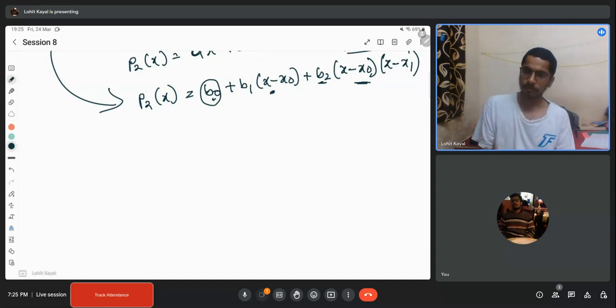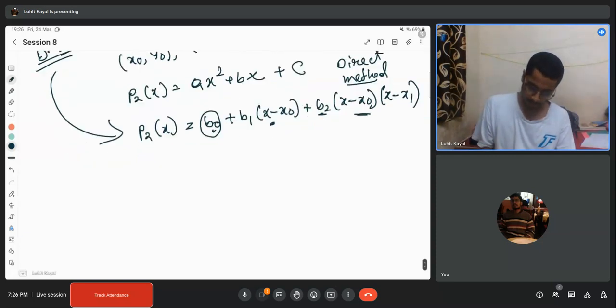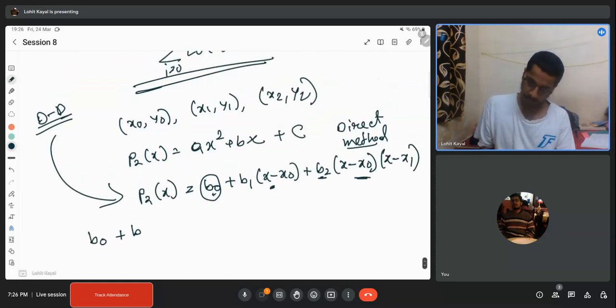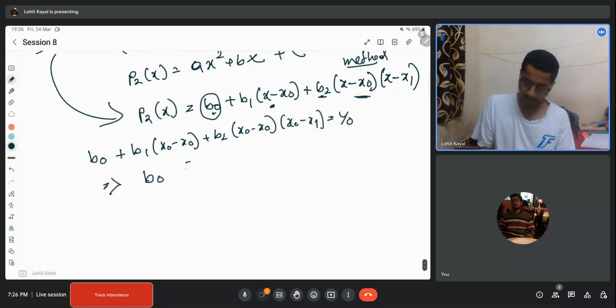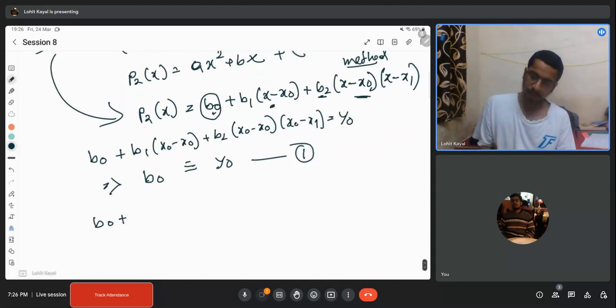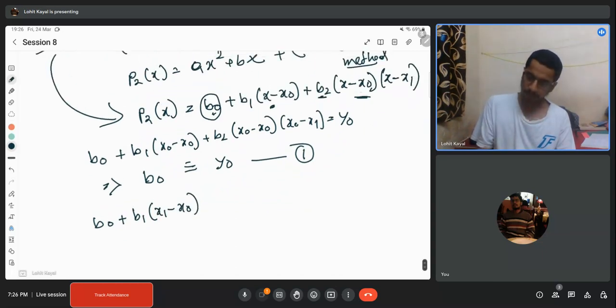So let's write the function for x0, x1, and x2. In case of x equal to x naught, b naught plus b1 (x naught minus x naught) plus b2 (x naught minus x naught)(x naught minus x1) is equal to y naught. This implies b naught equal to y naught. This is equation 1. The second equation: now put x equal to x1. b1 into (x1 minus x naught), and this term will be 0.